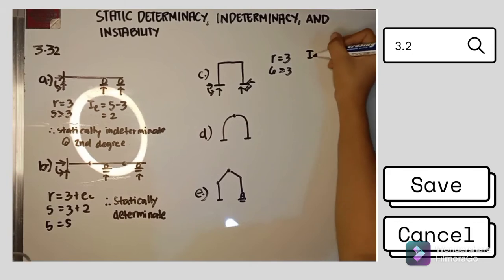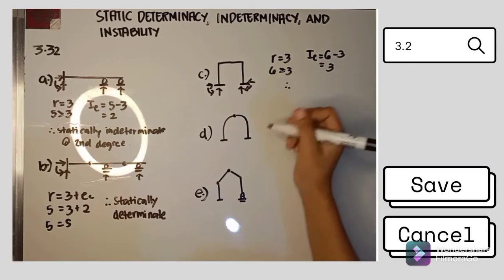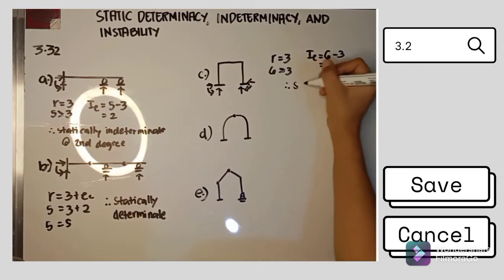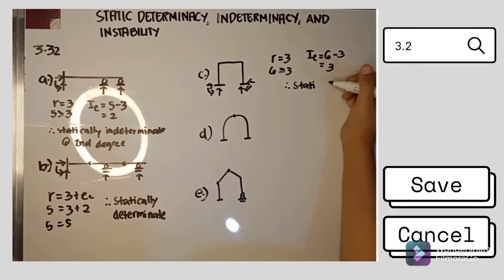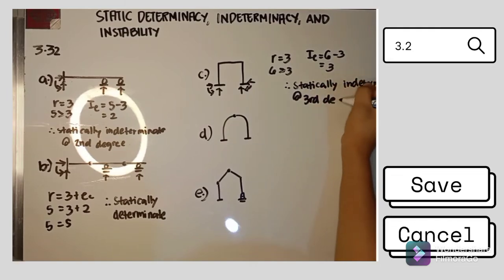So, let's find again the IE, or the degree of external indeterminacy. 6 minus 3 is equal to 3. Therefore, this frame is statically indeterminate externally at third degree.